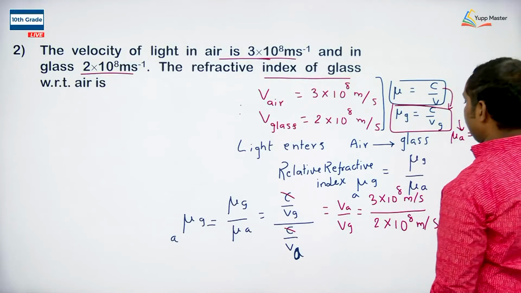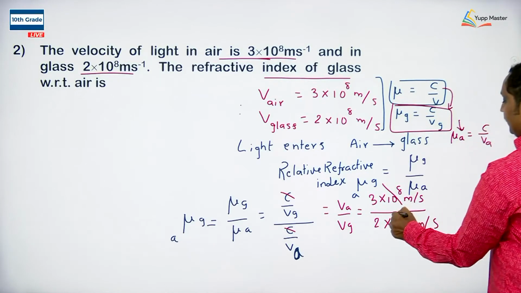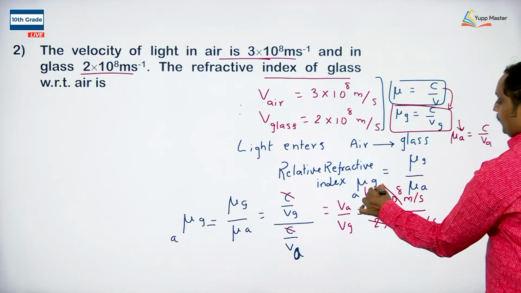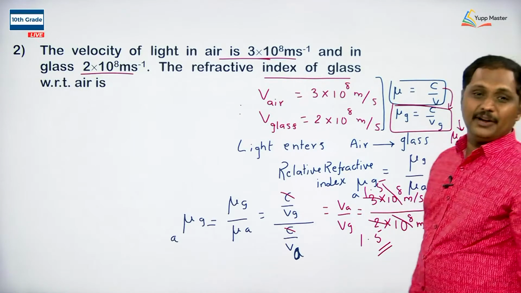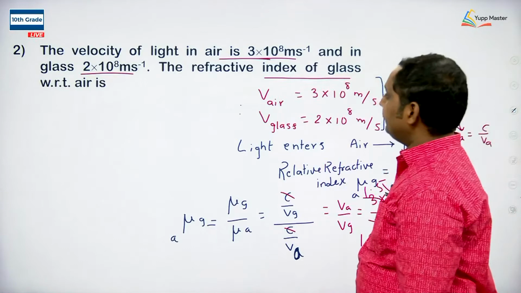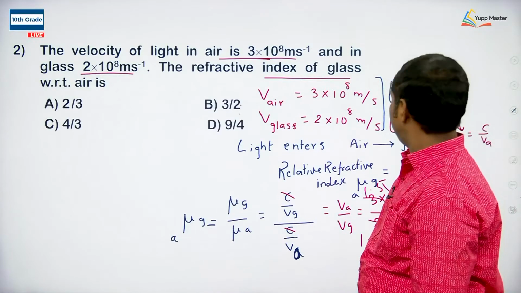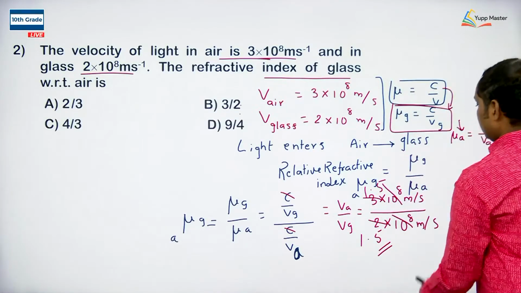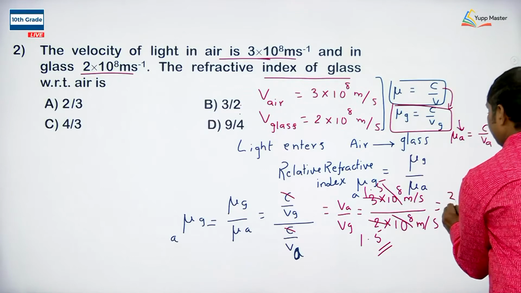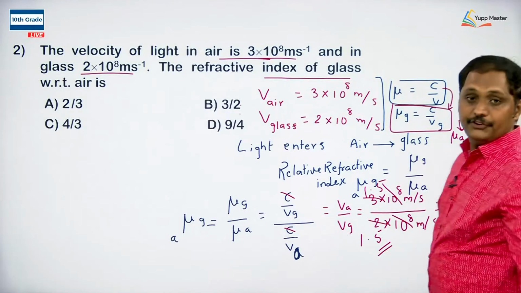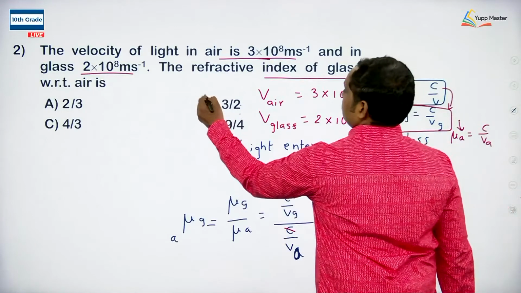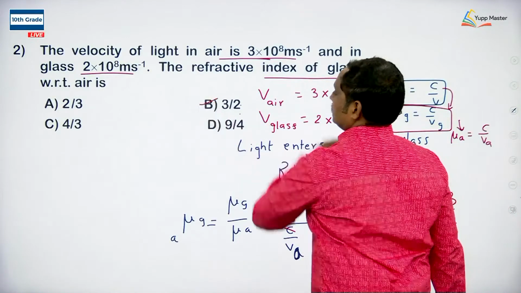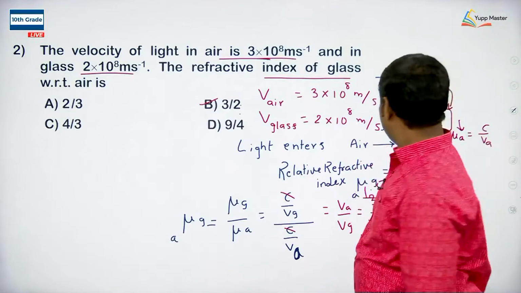You will get the cancellation, 1.5. 1.5 is the answer. Please check the options. Yeah, 3 by 2 also, they are expressed in the ratio, directly 3 by 2. This is the correct answer.